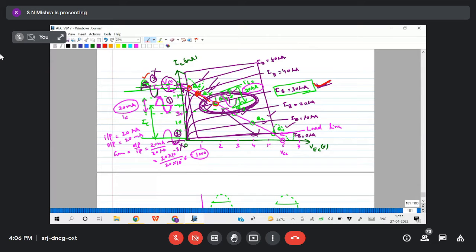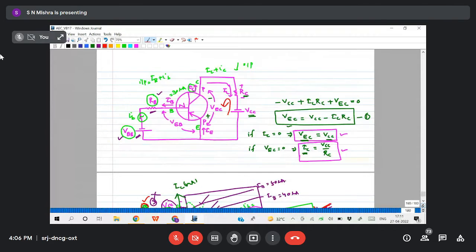That leakage current is added to the collector current, and collector current increases means my operating point will shift upward. If it is shifting upward, then maybe the upper side of the input signal, or which is amplified, that may be clipped. So this is a problem when temperature increases.